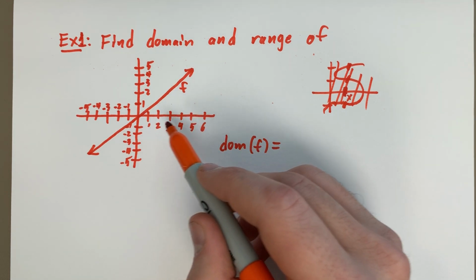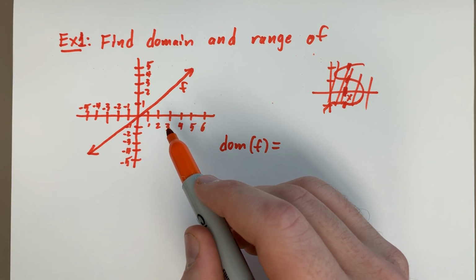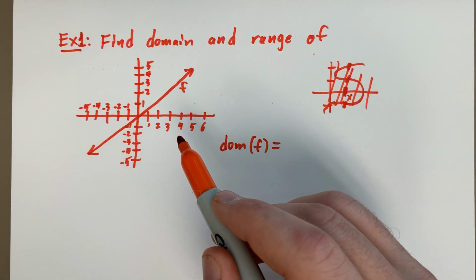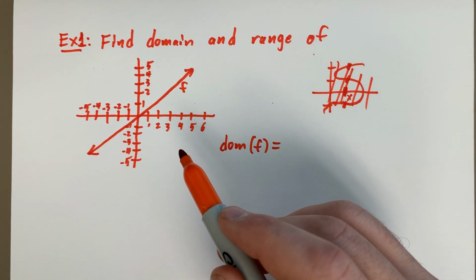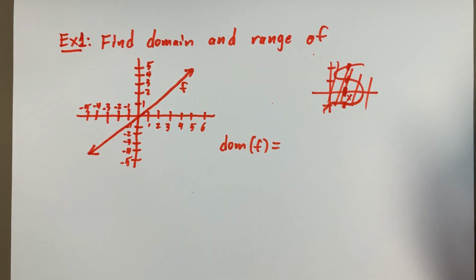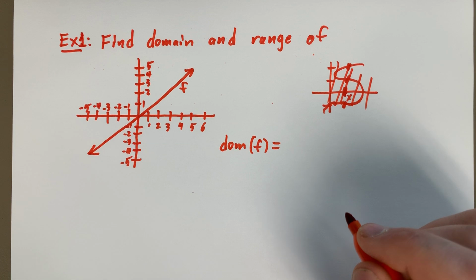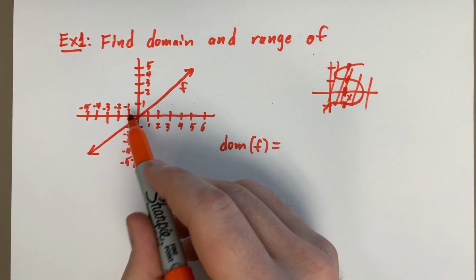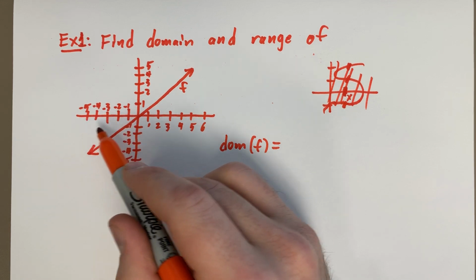How many different values are there that I can plug into this function? Your answer should be infinitely many. How many infinitely many? Well, the term that we like to use in mathematics is uncountably many. So we can't just write down a nice list of all possible things I can plug in. We have to write it as an interval. So in this case, I can plug in negative numbers because there's a y value on my graph that corresponds to all the negative numbers.